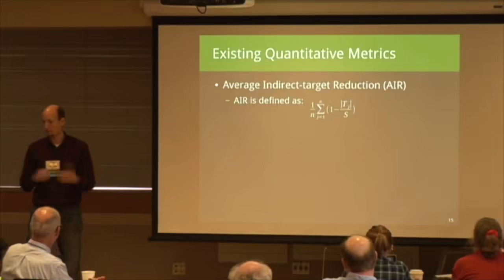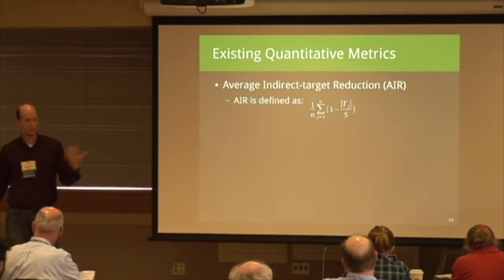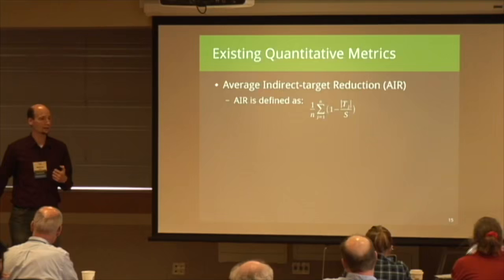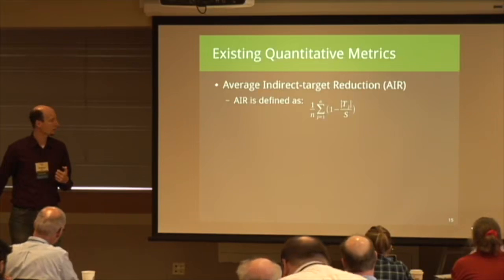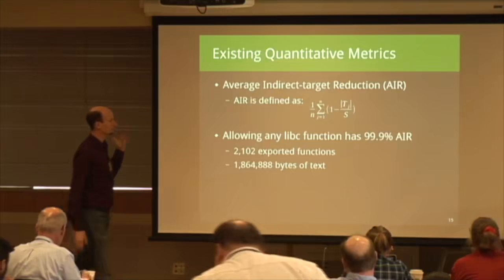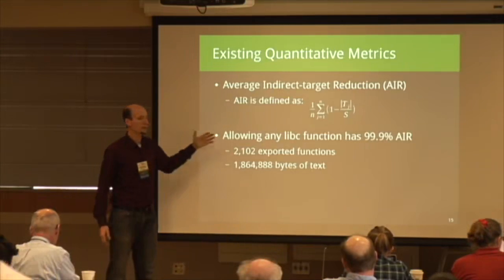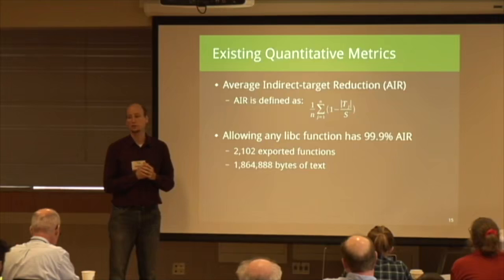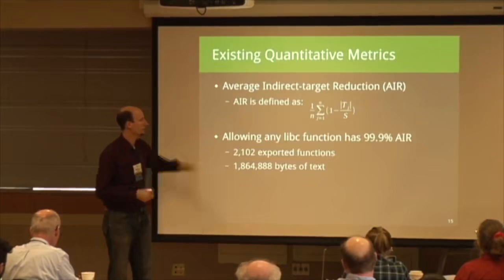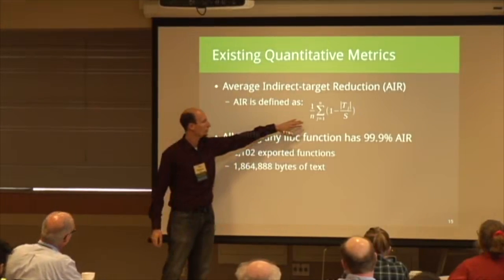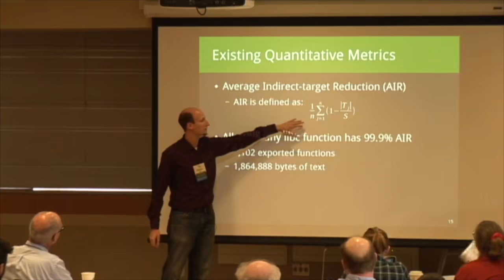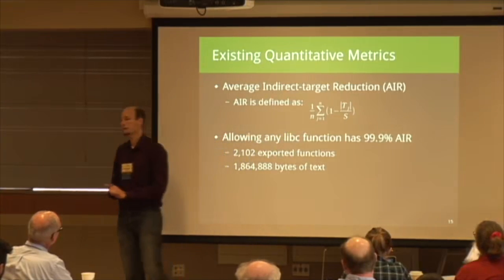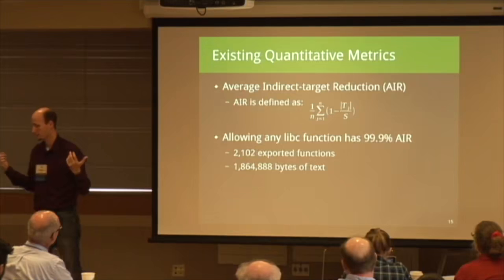And there's also a set of existing quantitative mechanisms like the average indirect target reduction, which did not really work out well because they pretty much counted how much they reduced the attack surface from reaching any arbitrary location. It is the average sum over all the indirect control flow transfer locations divided by the number of bytes that are addressable.